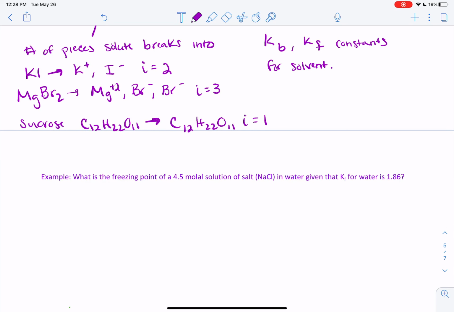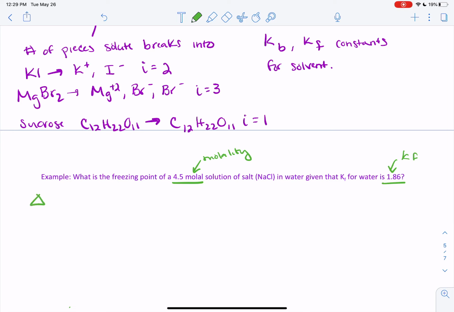All right, so now let's practice applying this equation. We say, what is the freezing point of a 4.5 molal solution of salt, NaCl, in water, given that Kf for water is 1.86. All right, let's look at this. So this we know is our molality. This we know is our Kf, okay?